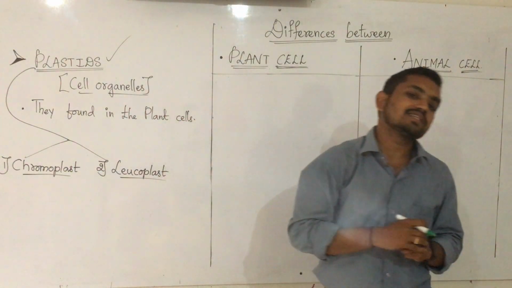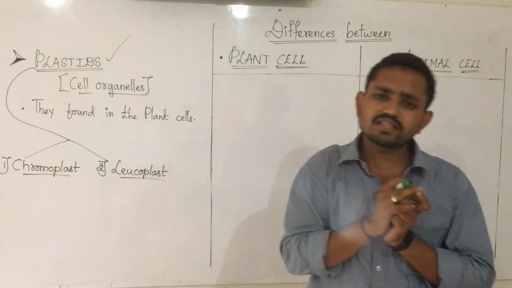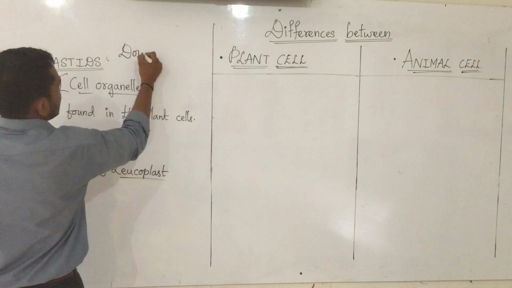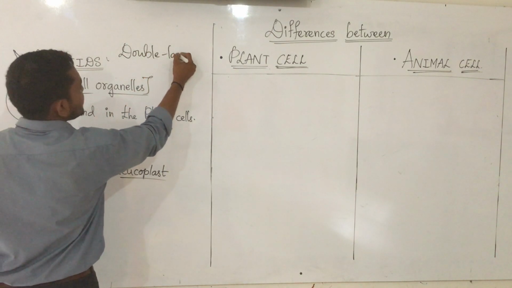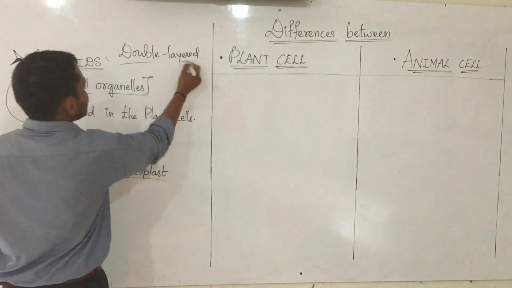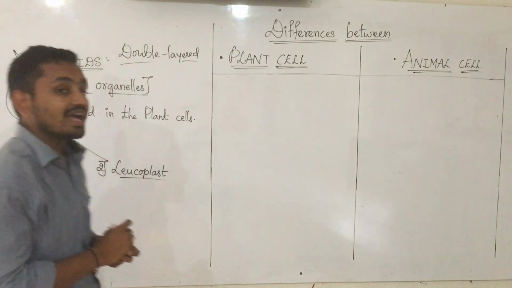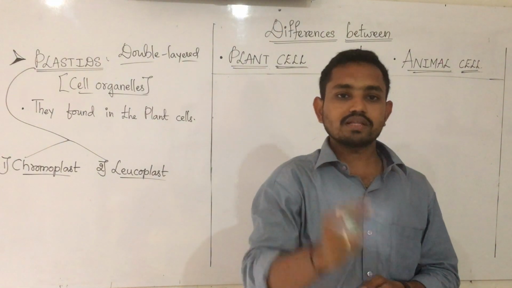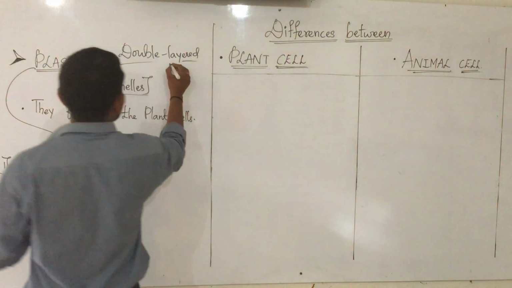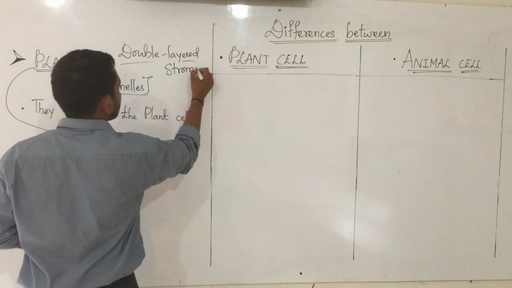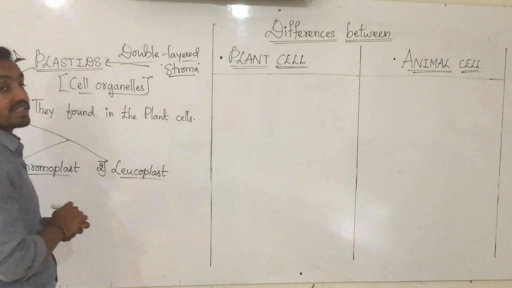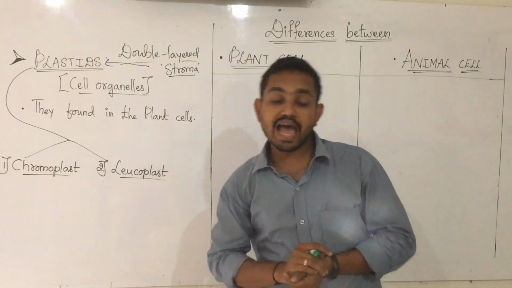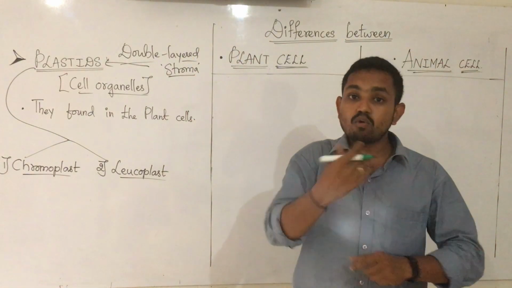Before telling their types, plastids have 2 layers, a double layered structure. Inside the plastids we see minute structures, somewhat like a matrix, which we call the stroma. Like mitochondria, plastids have their own DNA.